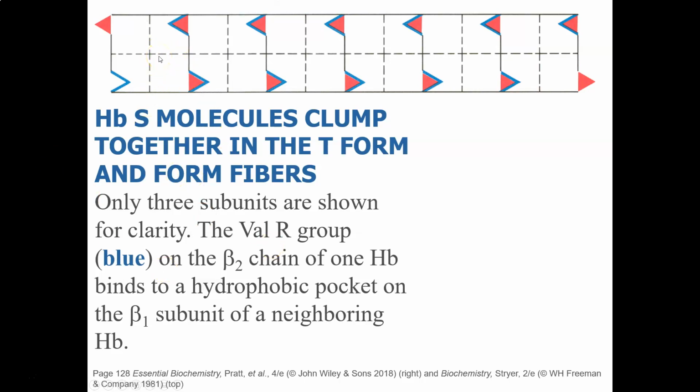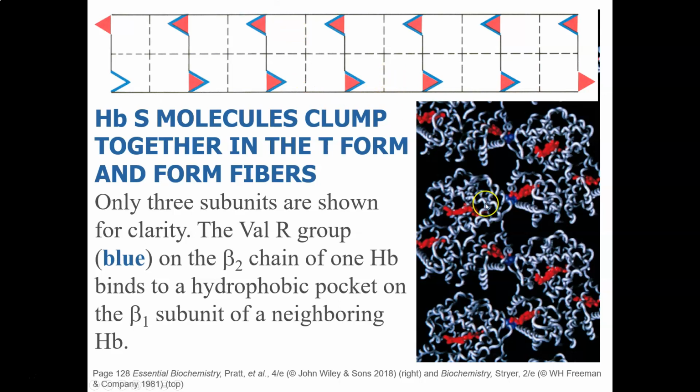Okay, so here are 3 subunits right here. The valine right here is shown as this blue patch. And what happens is that it fits really nicely into the nonpolar pocket of one of its neighbors. So that's the schematic diagram right here.